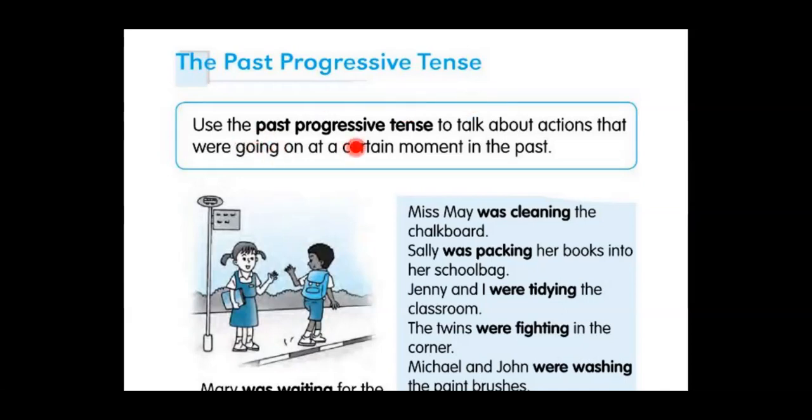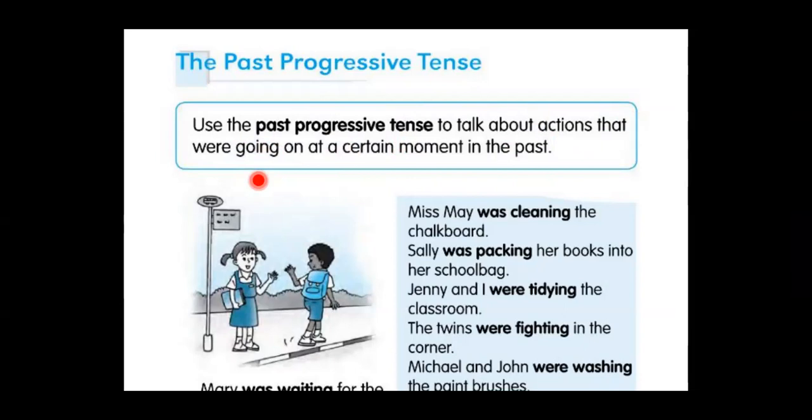Use the past progressive tense to talk about actions that were going on at a certain moment in the past. So past progressive tense is when you're talking about actions that happened at a certain point in the past.